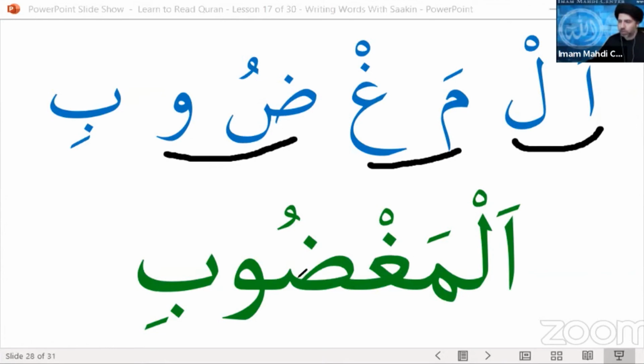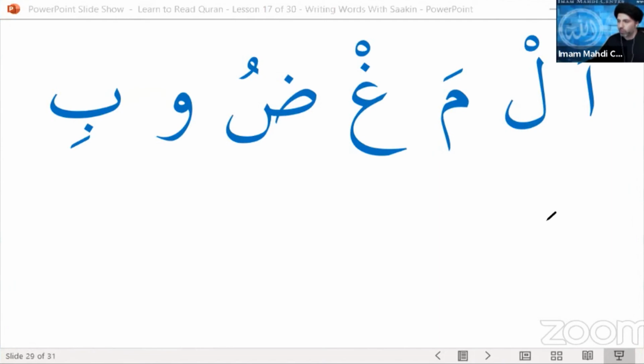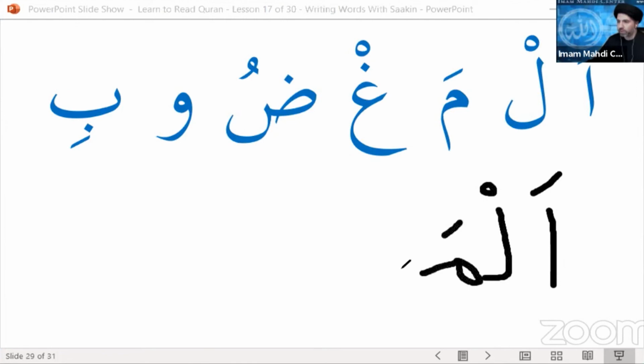of the ghain, lowercase dad, waw with a space after because it doesn't connect on its left, and then the ba is the last letter all by itself, so it stays in its full form. So let's write this one. We get our pen, we write the alif with fatha, then we write the lowercase lam with its saakin, lowercase mim with its fatha, the middle form of the ghain, of course ghain has a dot, and it's saakin as you see there.